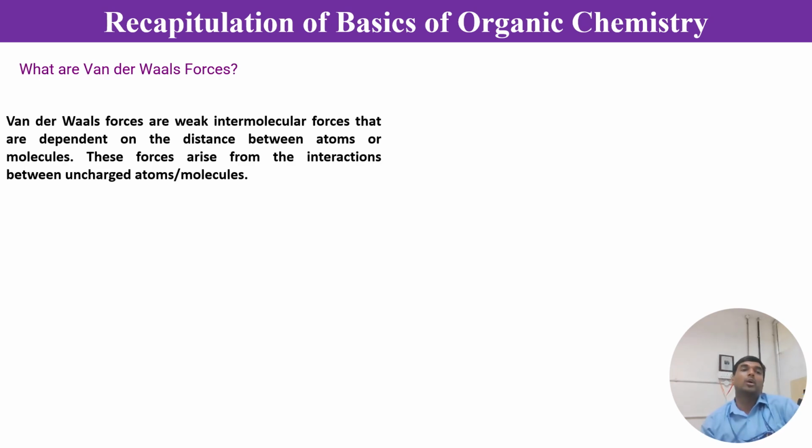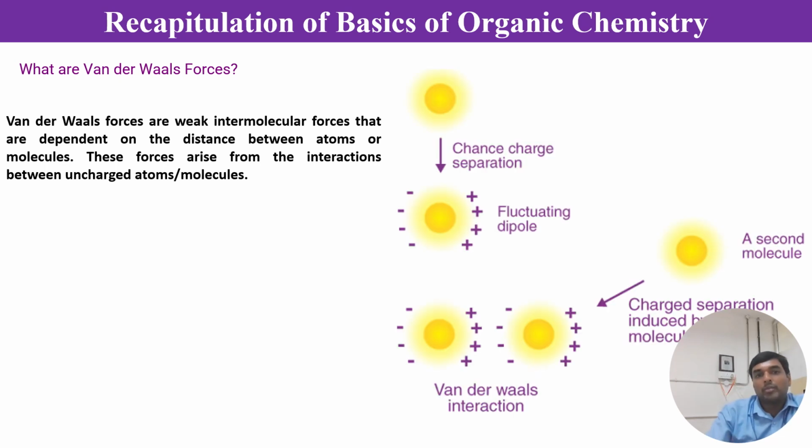And for the last part of the talk, I'll just try to complete. So, van der Waals forces. What are van der Waals forces? This is the combination of intermolecular forces having attractive and repulsive components.